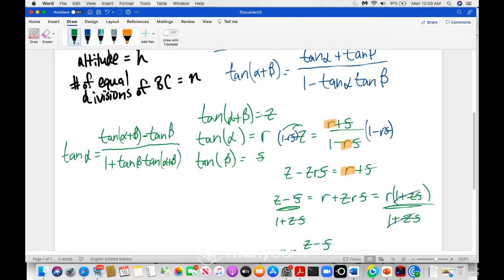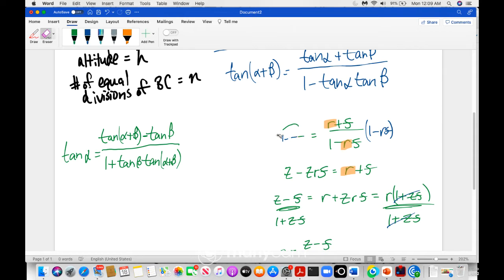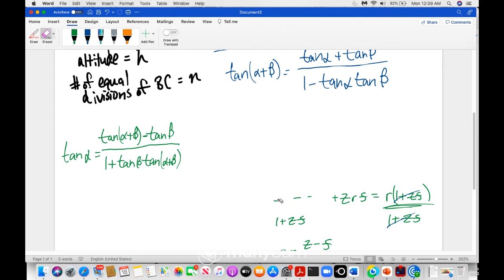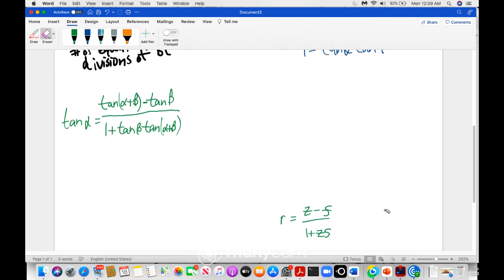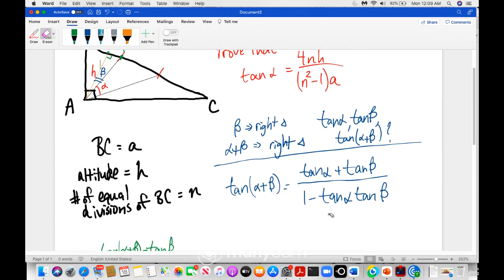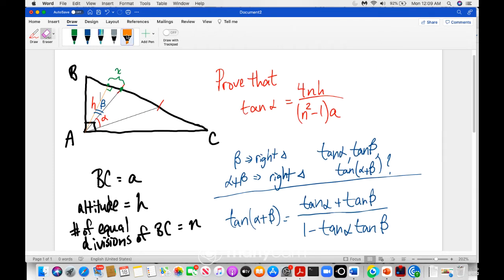So that's what we learned. Now I'm going to erase some of this algebra because there's really no point in having it. There's no relevance or significance to our problem. Okay, but we know tangent of alpha plus beta and tangent of beta from our problem. And we only know those because of our definition of the variable x as the distance between the start of that middle segment to the hypotenuse.